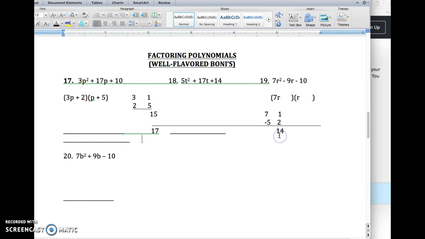I want to put it under the 14. I have to wait a few seconds to get it over there. Under the 14, it's a negative 5 times a negative 1, negative 5.